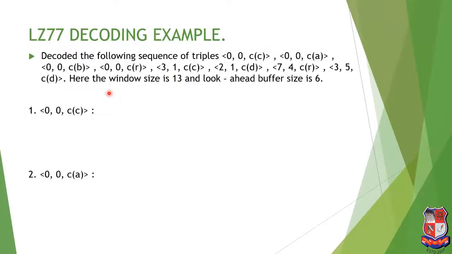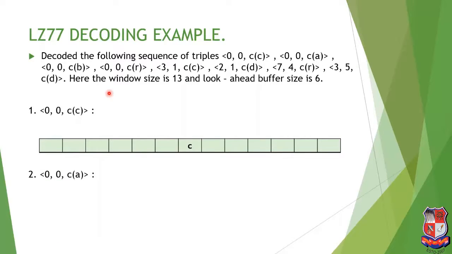Now we take the first triple, (0, 0, C(C)). Here the offset is 0, the length of match is 0 and the code word is C(C). So the offset and length of match are both 0, so write down the symbol C into the search buffer.